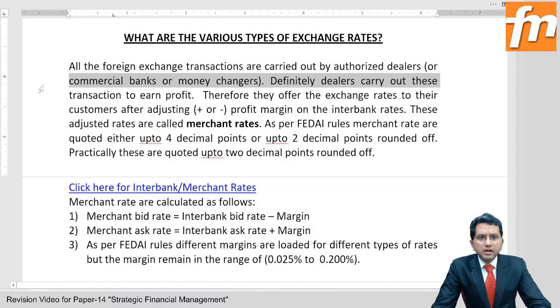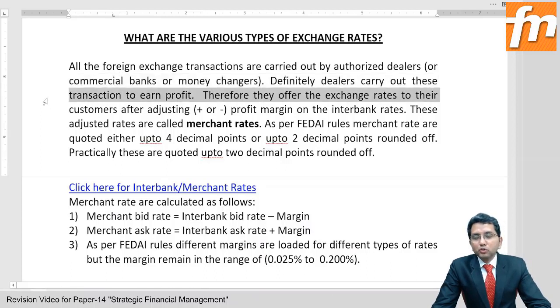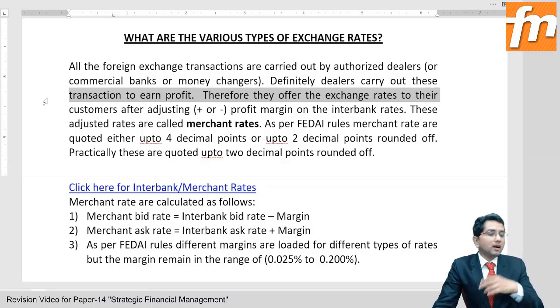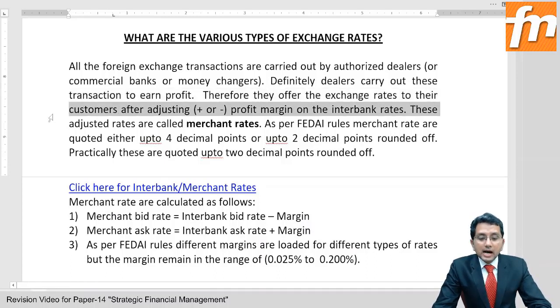changers. Definitely, dealers carry out these transactions to earn a profit. A dealer will never buy dollars at rupees 70 and sell dollars at rupees 70. If they buy at rupees 70 and sell at rupees 70, they won't be able to make money. And therefore, they offer the exchange rate to their customers after adding or deducting a profit margin.